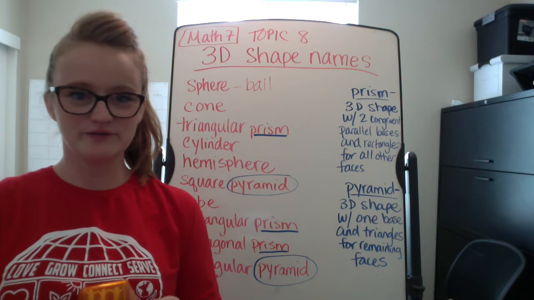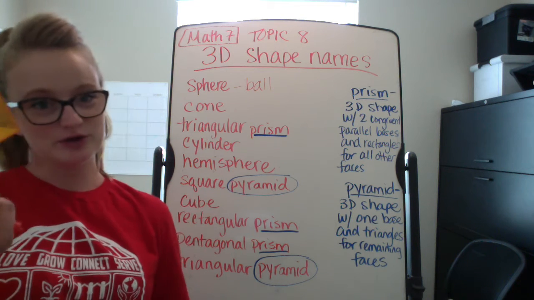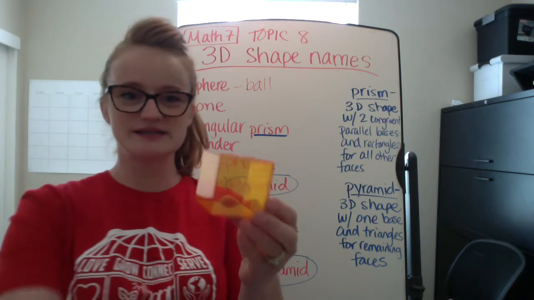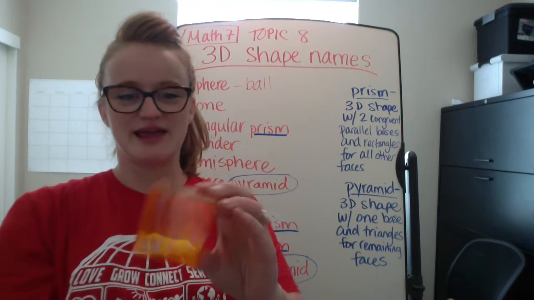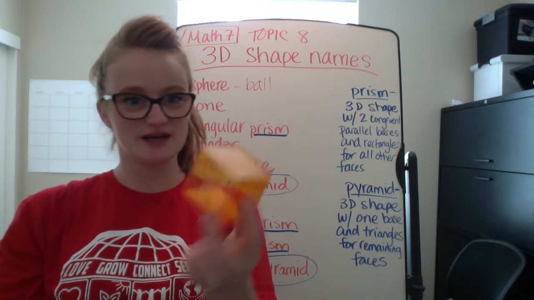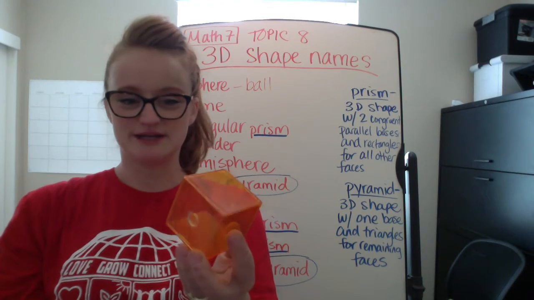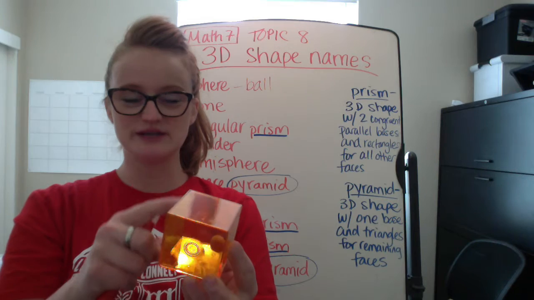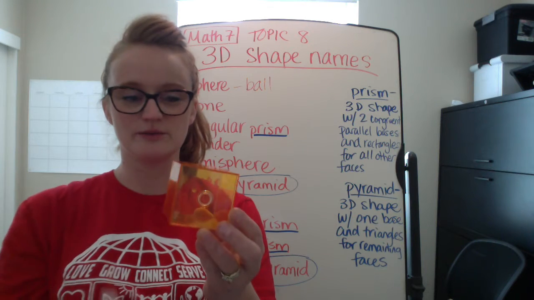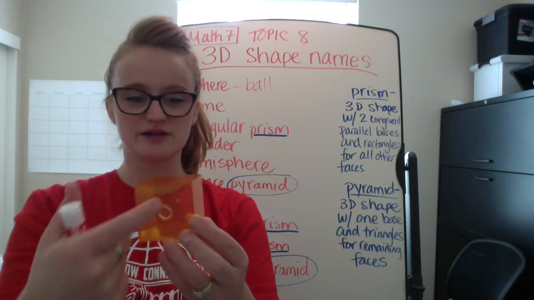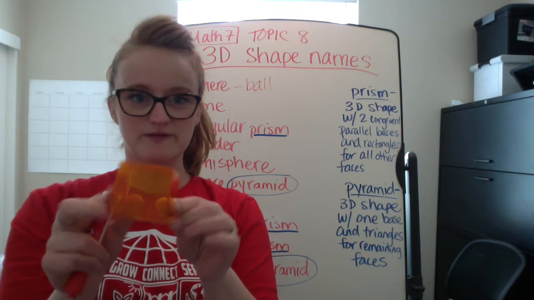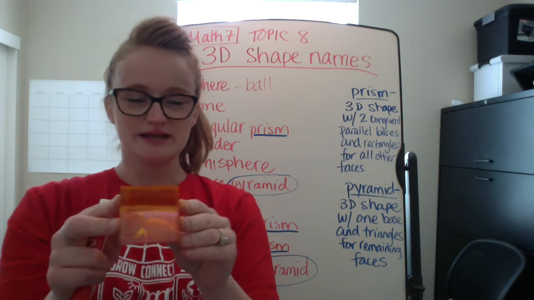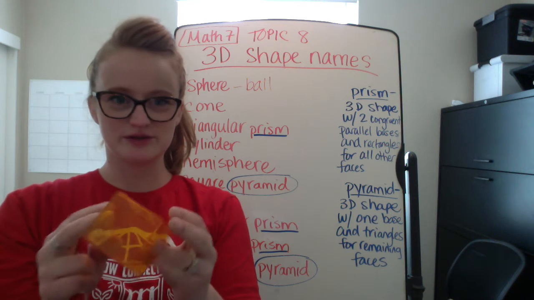Next one, hopefully we're familiar with, cube. A cube is special because all of these dimensions are the same. All of these faces on a cube are a perfect square. Most of us know this one.